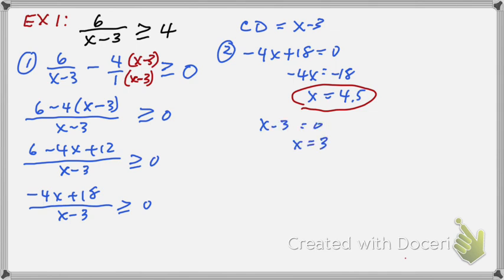I'm getting that. That's our other critical value. Now, sometimes you'll have one critical value. Sometimes you'll have 2. Sometimes you'll have 3. All right, we're done with step 2, except for chopping the number line up.